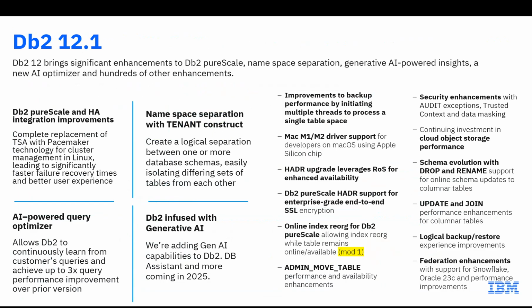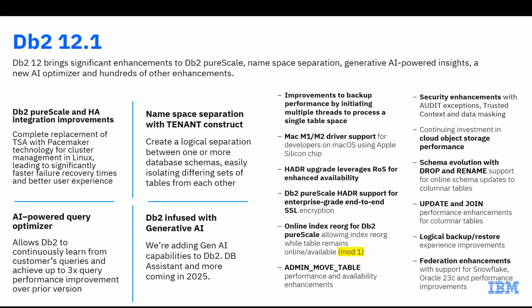We finally GA'd the AI-powered Query Optimizer. We talked about it as the ML optimizer through 11.5, where it was in tech preview. And this is providing us a much better ability to get statistics for very complex plans, and therefore we can see significant query performance improvements. We'll talk a little bit more on the performance we've seen in a few slides.